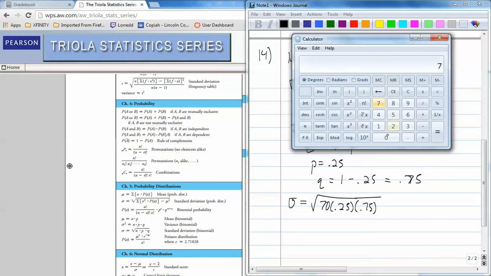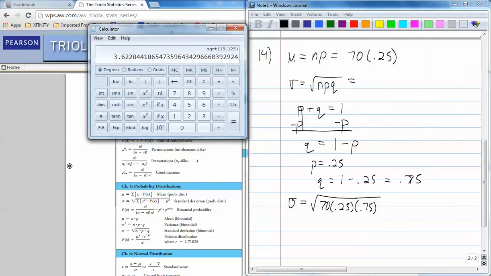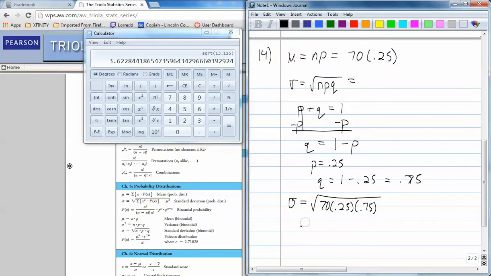So 70 times 0.25 times 0.75, get that answer, and then take the square root of that. So square root. So you see we got 3.622844, so on and so forth. So I'm going to write that down. That's equal to 3.622844. That should be good.